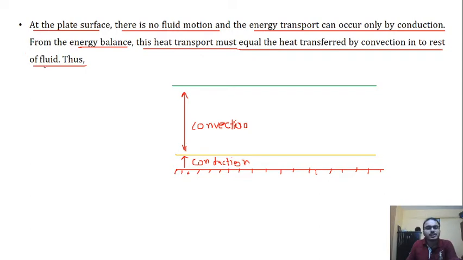That is the meaning of this statement, and the energy balance will give us that this conduction is equal to this convection. So let me erase this part. You can draw it if you want, but it is not very important for this theory.